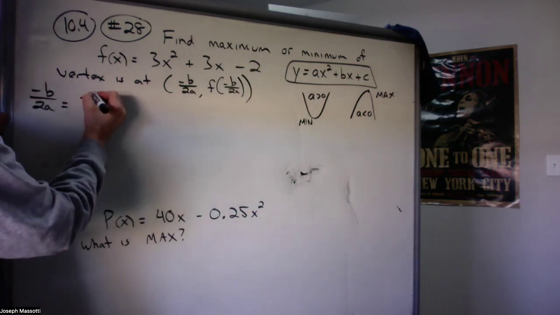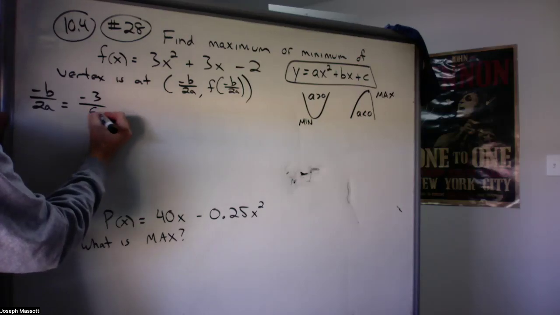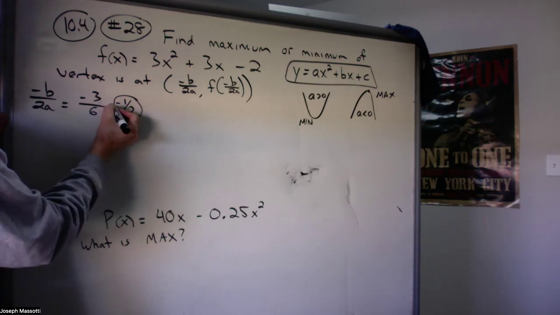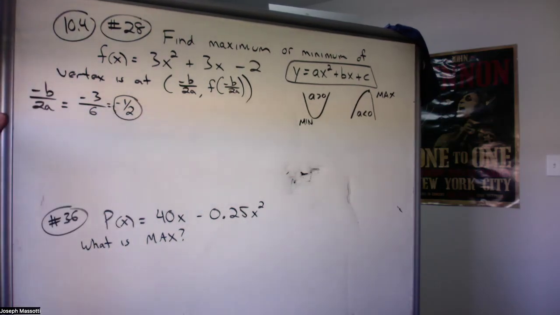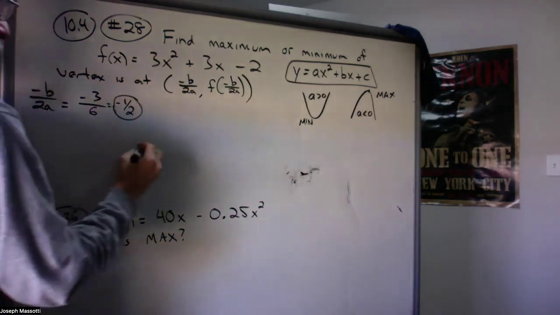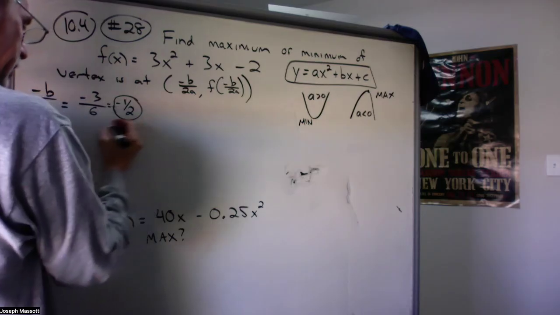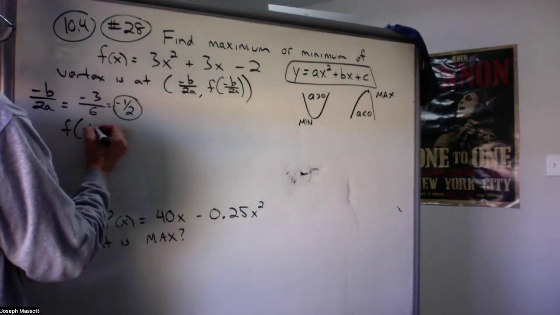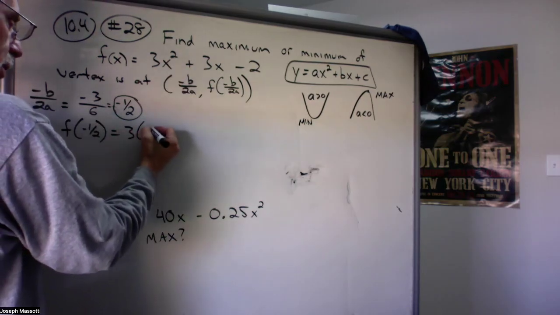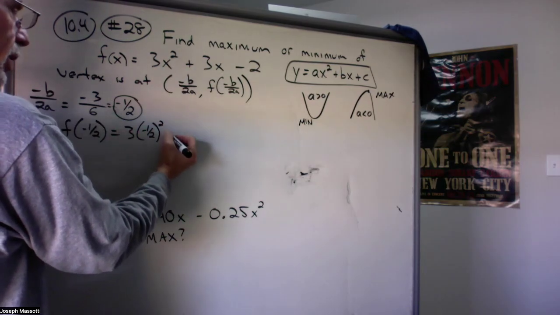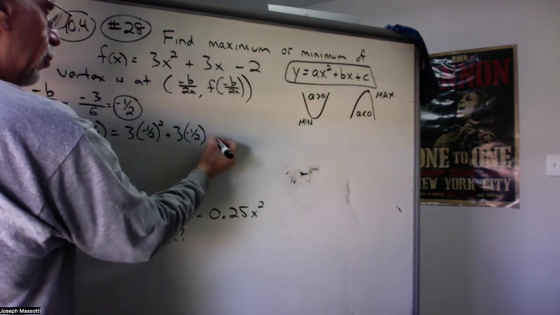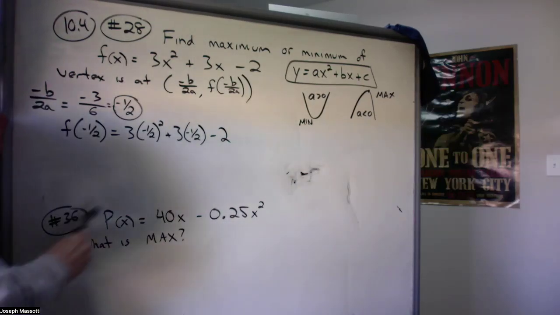So negative b over 2a gives us negative 1/2. And then we're throwing that into the function. Negative 1/2 into the function, we get 3 times negative 1/2 squared plus 3 times negative 1/2 minus 2.